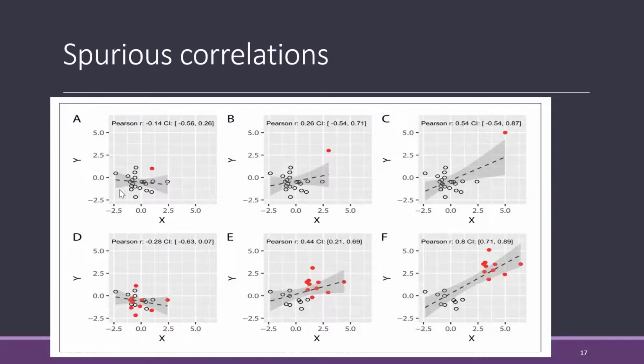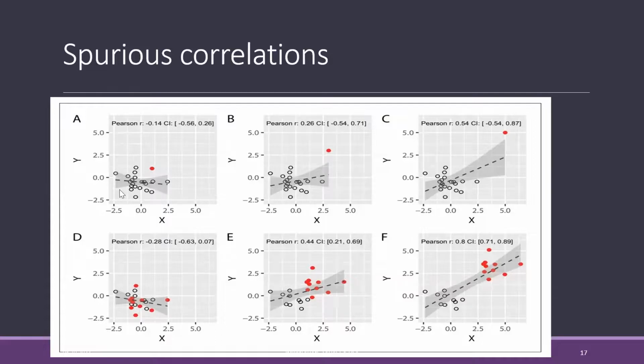From this graph, we can see a single value, denoted by a red circle, in graphs A, B, and C. This single value acts as an outlier, and the value of the outlier impacts the correlation coefficient. It is away from the rest of the distribution and can inflate the correlation coefficient.